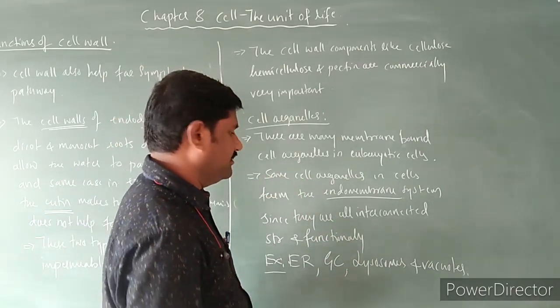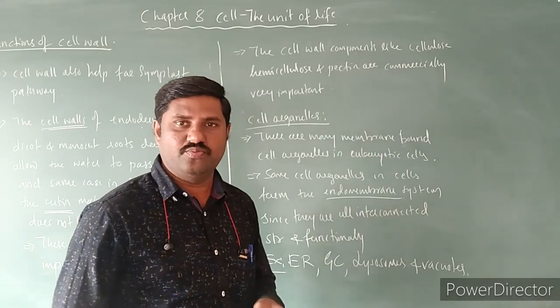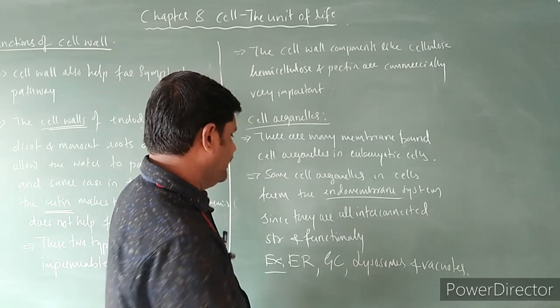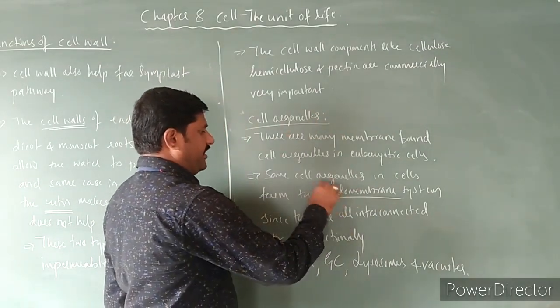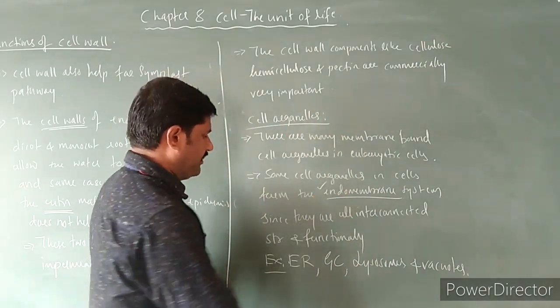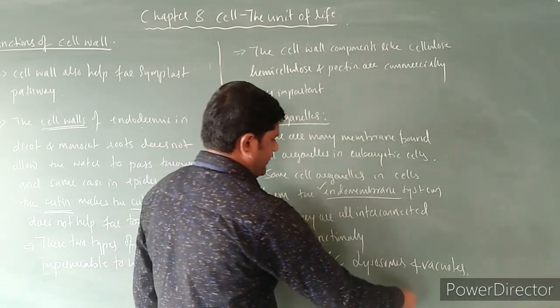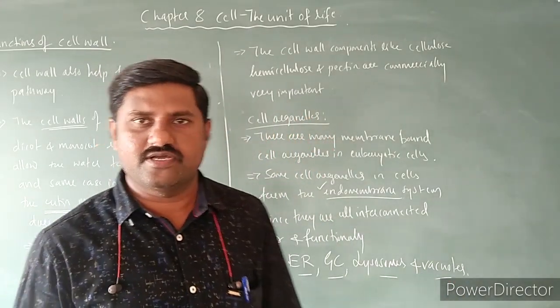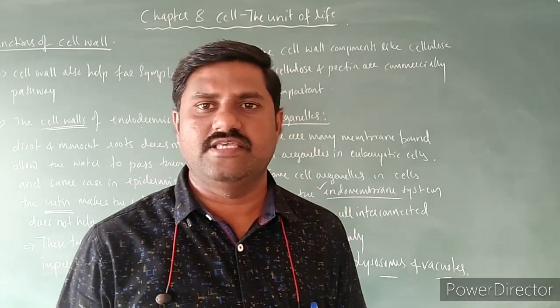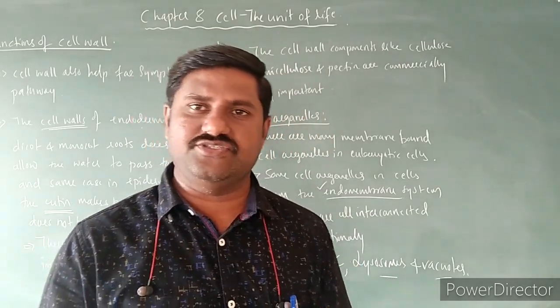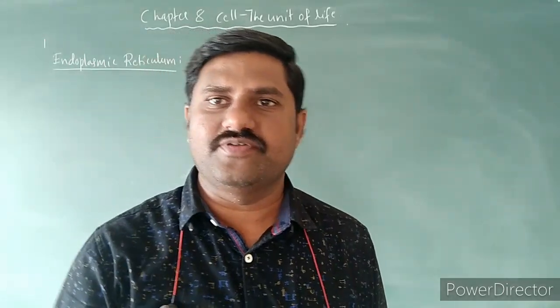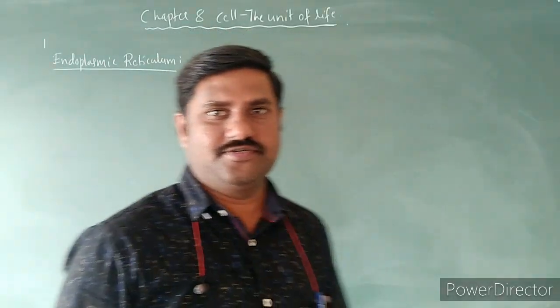So those others are mitochondria, chloroplast, all other cell organelles we consider. Right? Let us start with the endomembrane system first. Means endoplasmic reticulum, Golgi complex, lysosomes, vacuoles. So first of all, we will complete these cell organelles, and later we go to the next cell organelles. Okay. Let's start with the endoplasmic reticulum first, right?